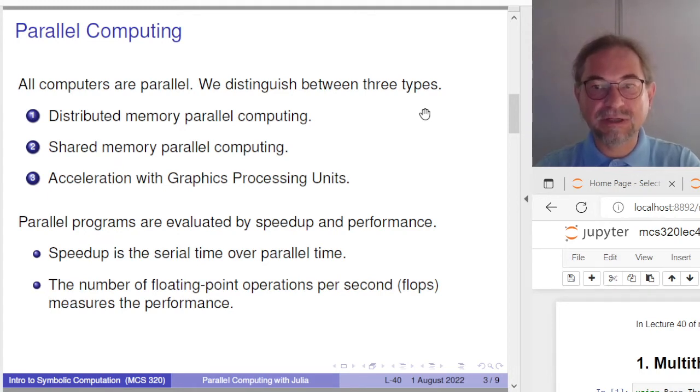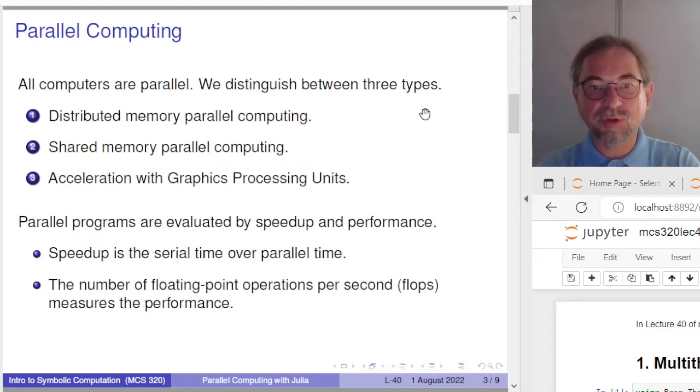What we consider is multithreading, also more explicitly called shared memory parallel computing. Modern processors consist of multiple cores, and each core can handle multiple threads. All threads share the same memory, which is not the case with distributed memory.